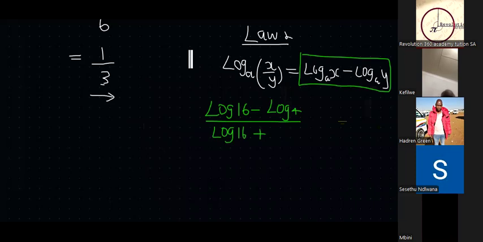Let me give you an example just to make sure that you understand this law that I'm adding, a log in the exponent. Let's say they give you 7 to the exponent log 7 base 3. Who can tell me what will be the answer? 3.